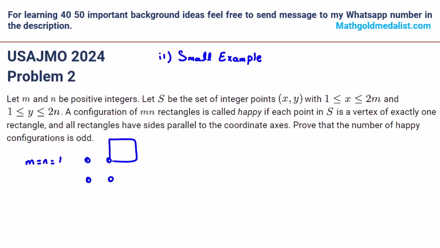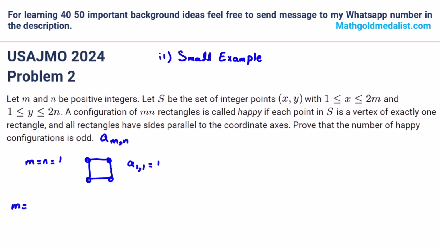So we can't have, for example, like this. Why? Because we should have only one rectangle and it should cover all these 4 points. So we have only this one and the answer is 1. So let's define A for the problem, A(m,n). So A(1,1) we found is 1.